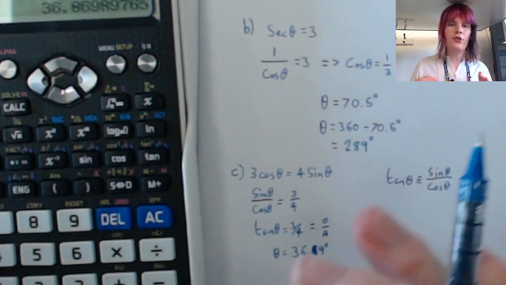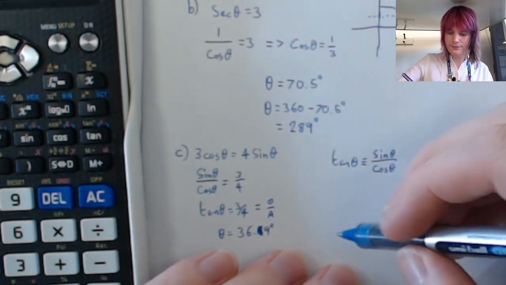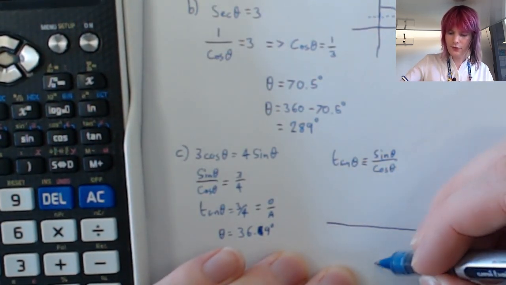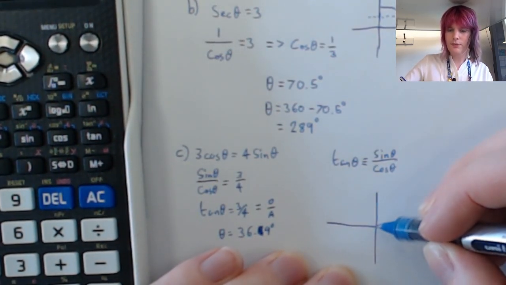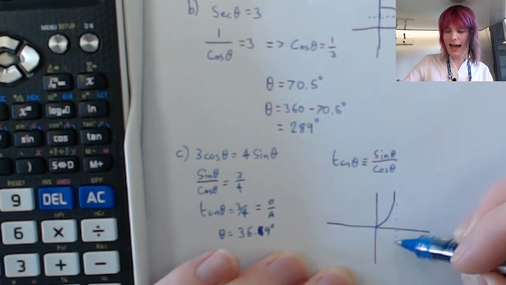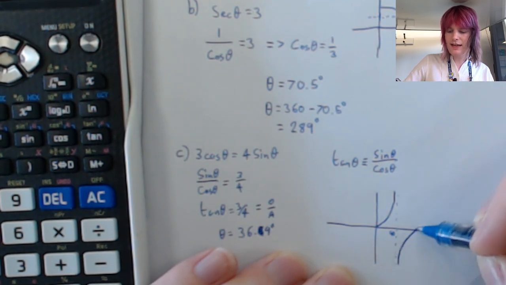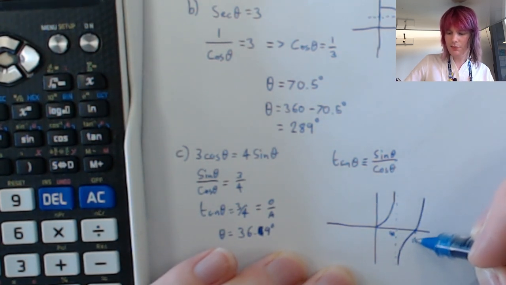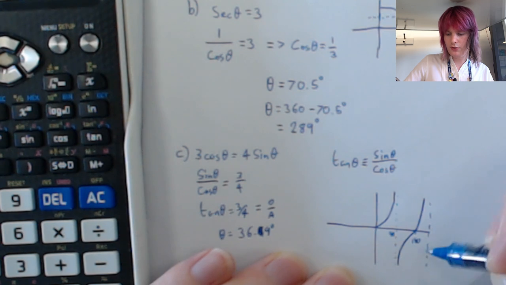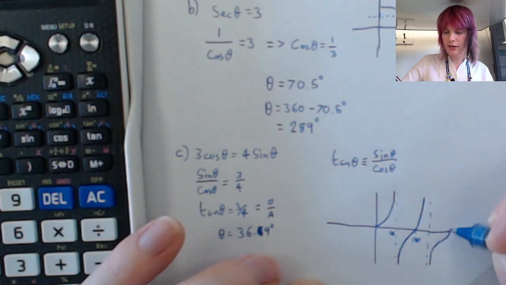Last of all, we need our other solution. Now, if we think about our tan curve, what this does, starts at 0, goes up to infinity, we have an asymptote at 90 degrees, and then we repeat again, doing this pattern over and over. And we know that the tan curve repeats every 180 degrees.